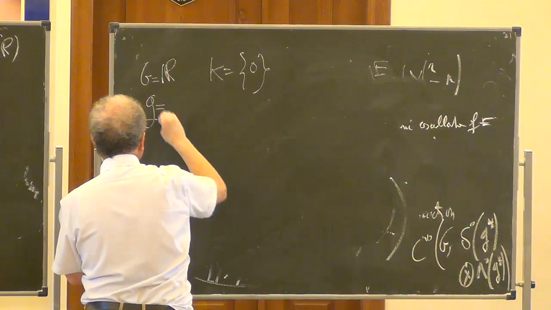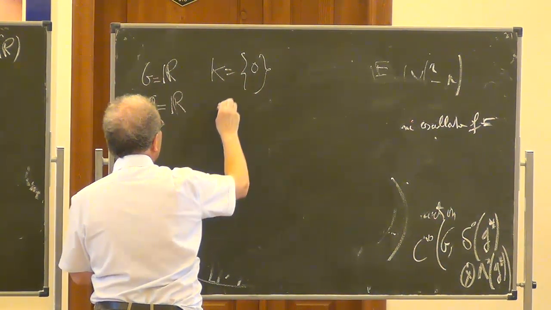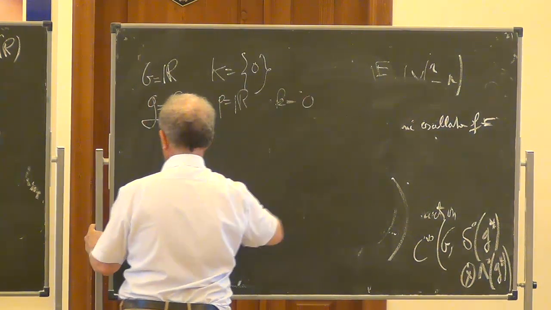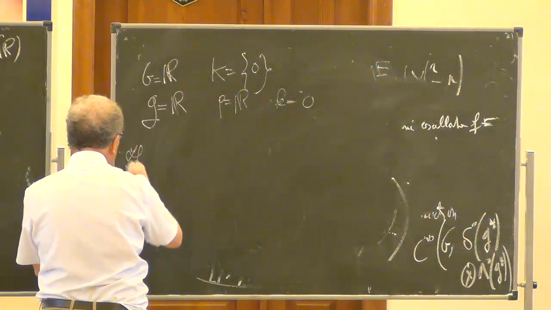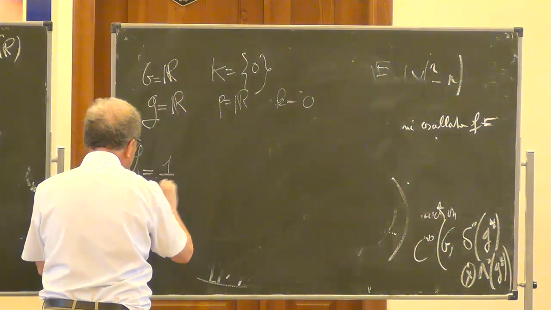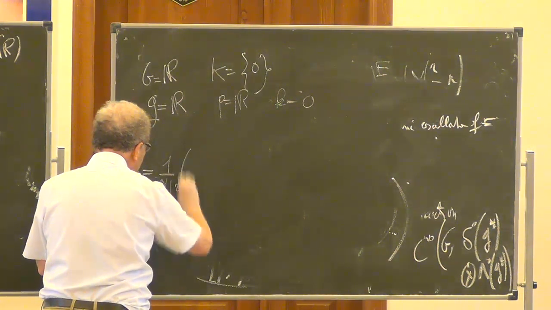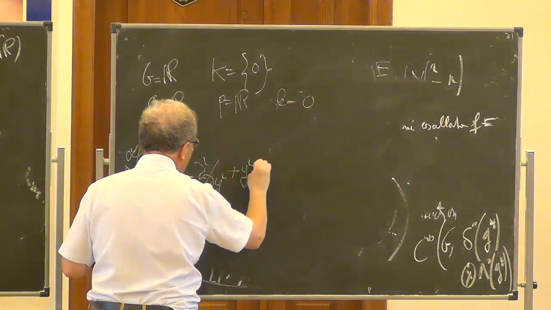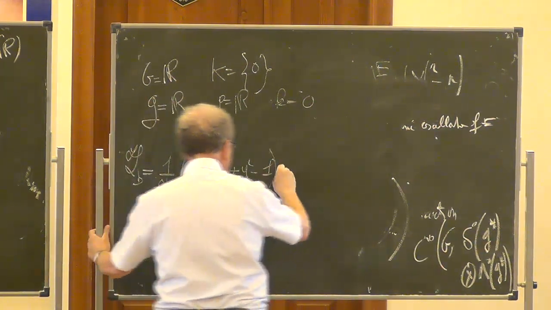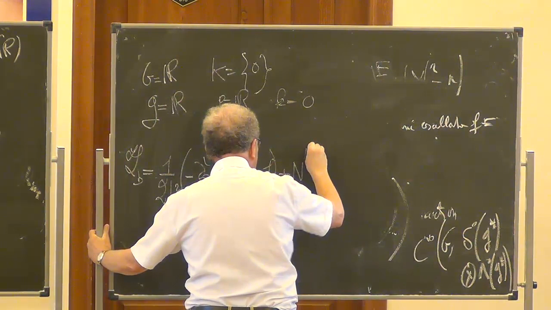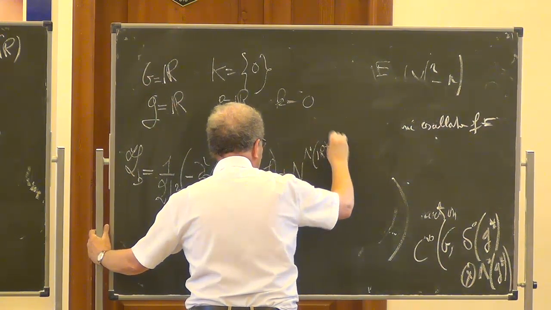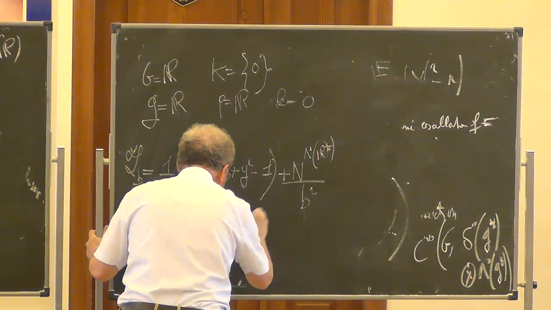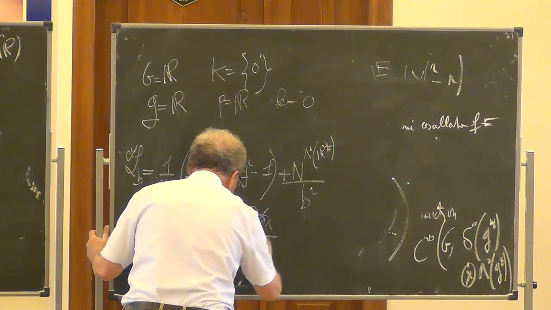So the Lie algebra G is just R again, P is R and K is 0. In this case, the operator LB is very simple: 1 over 2b squared times minus d squared over dy squared plus y squared minus 1 plus the number operator on the exterior algebra of y squared divided by b squared, and here there is just minus y d over dx over b.